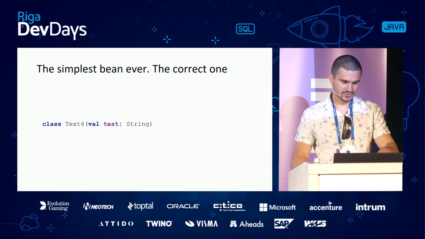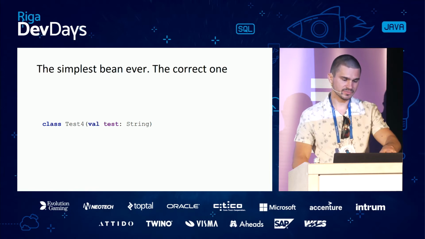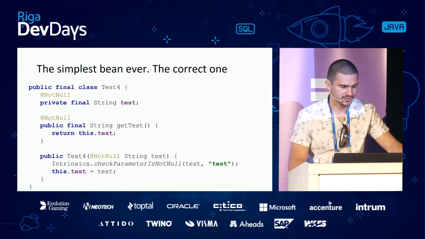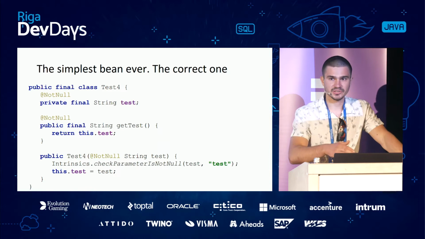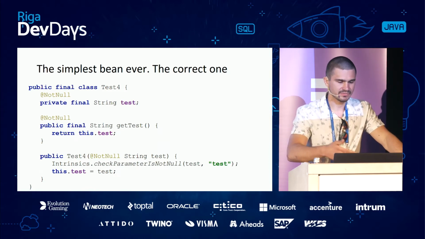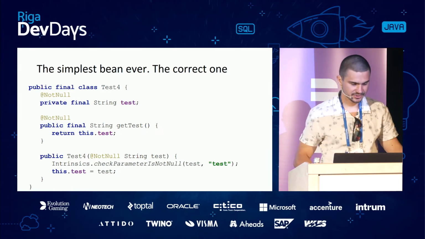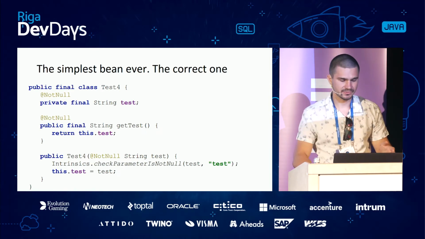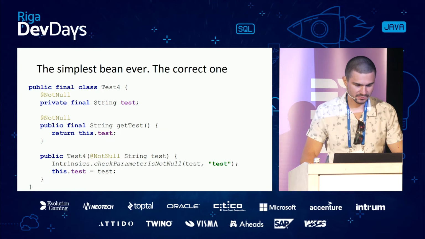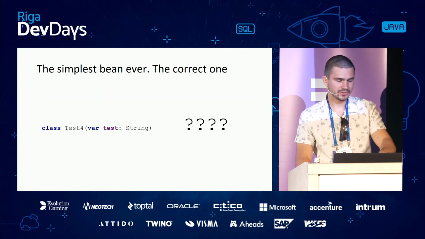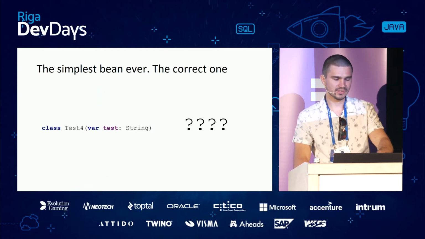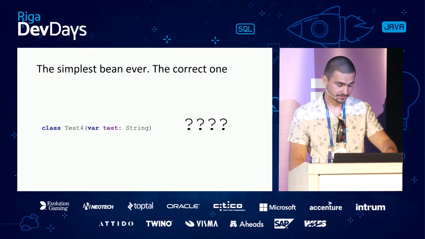This simple declaration of a class will give you something like this in Java equivalent. You will have a constructor which receives a string, a field of type string, as we agreed, and you will also have a getter for this field. If you change your val to var, you will see a setter method also.